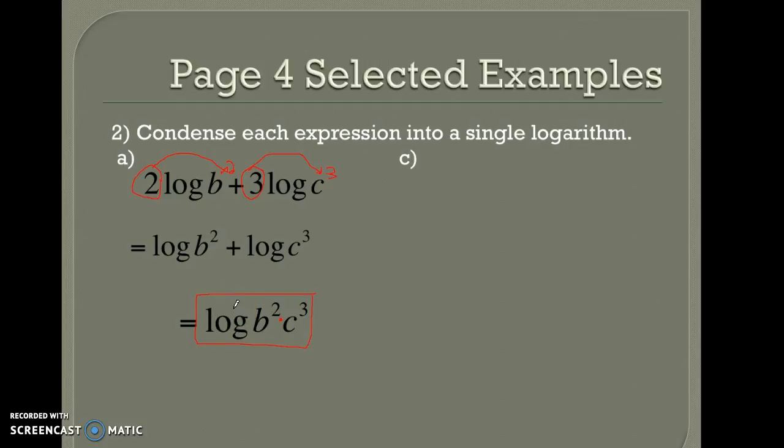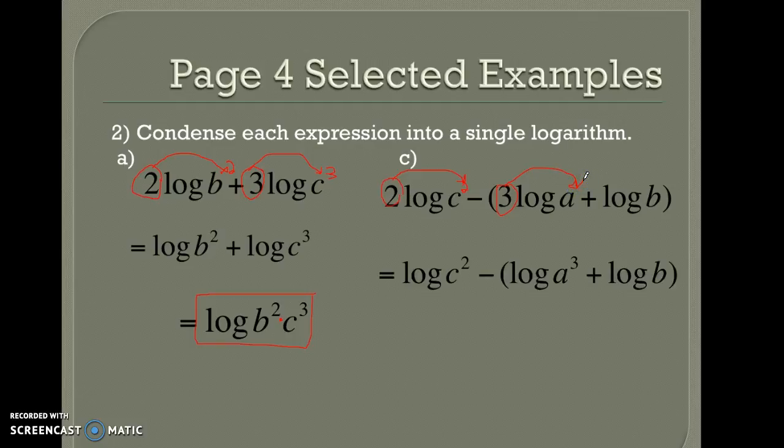Let's skip ahead to part C. We have 2 log of c minus 3 log of a plus log of b. We'll start by using the power property and put the exponents back up on the logs. So put the 2 up as an exponent and put the 3 up as an exponent. So we have log of c squared minus log of a cubed plus log of b.